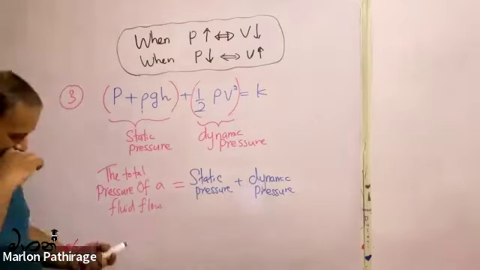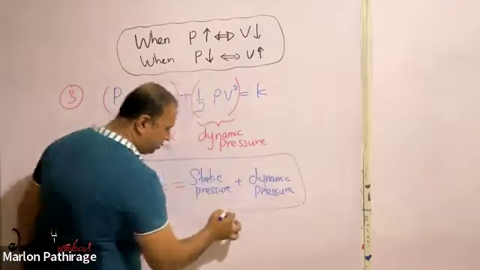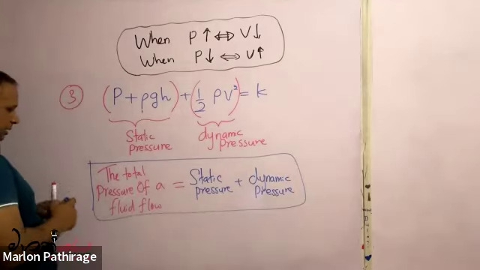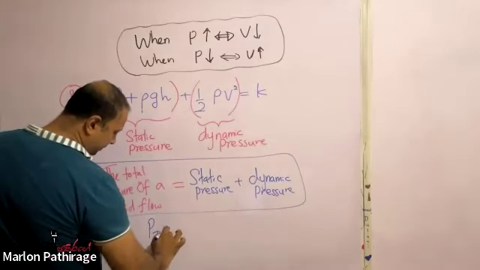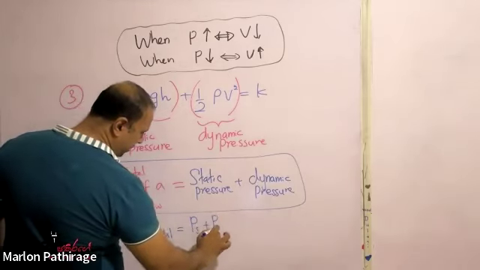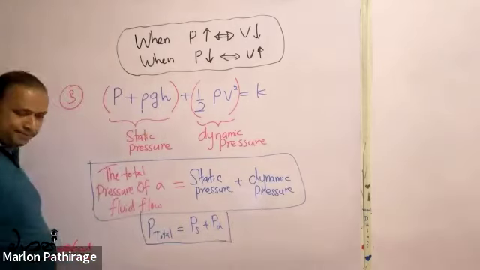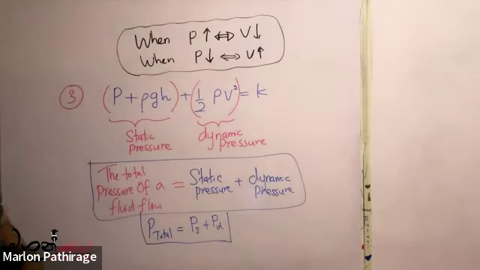So this is the total pressure, and static pressure and dynamic pressure. Simple: P total is equal to P static plus P dynamic. This is the formula.